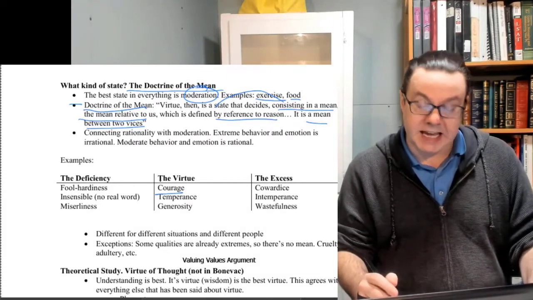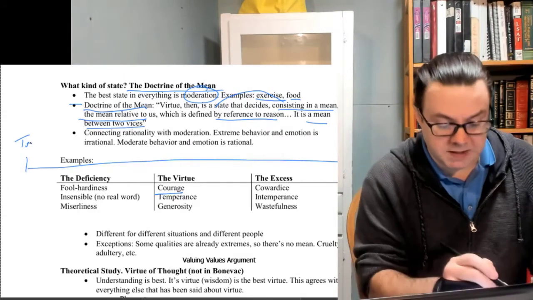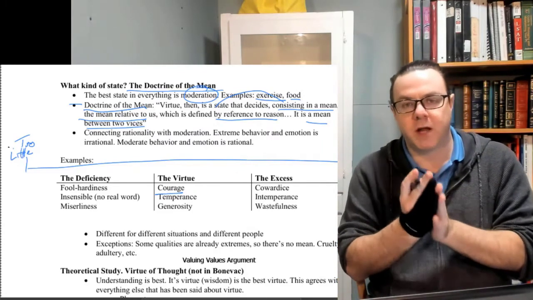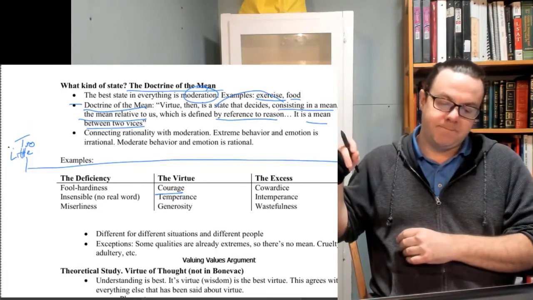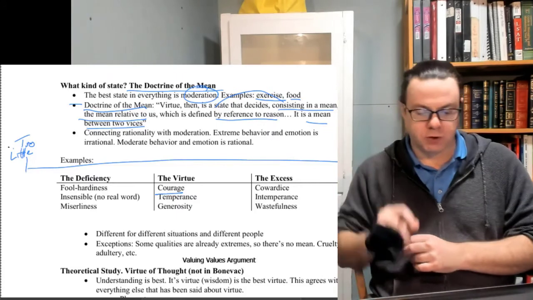It's like on a scale where there's too much of something, or there's too little of something, and then there's just the right amount of that thing. And in the case of each virtue, you can figure out what is the thing that you can have too much of or too little of.